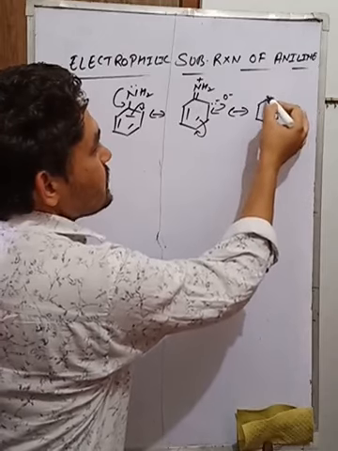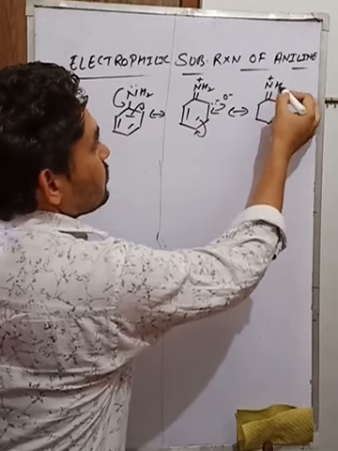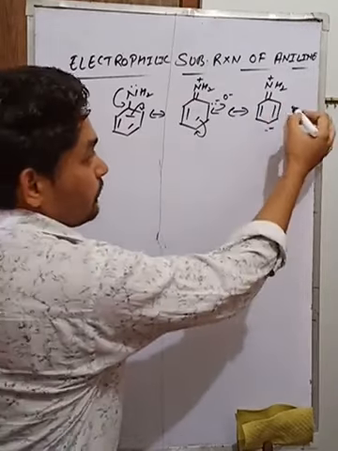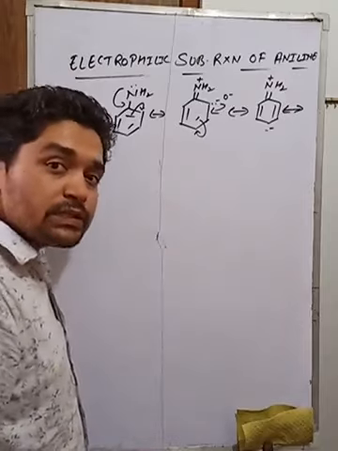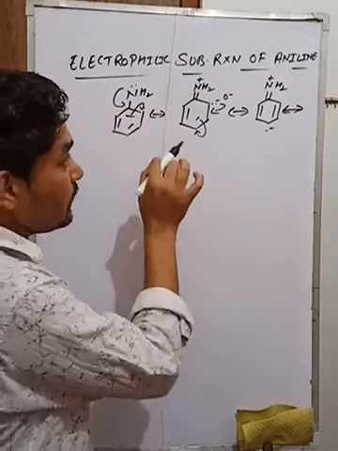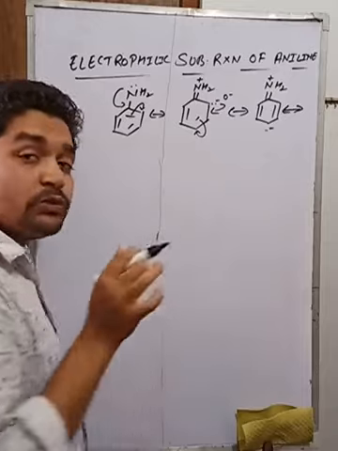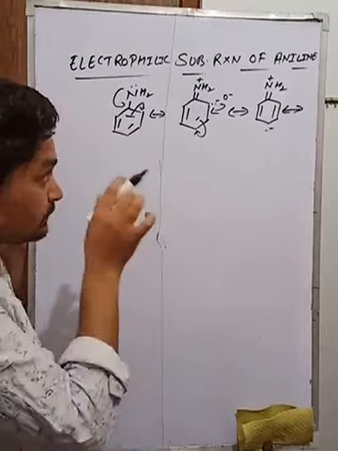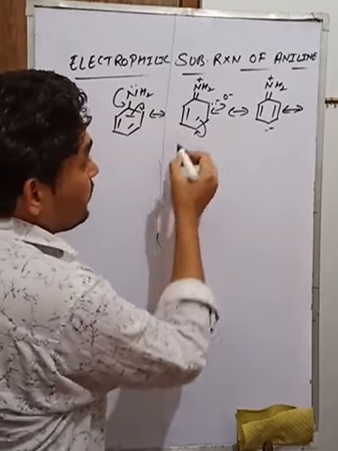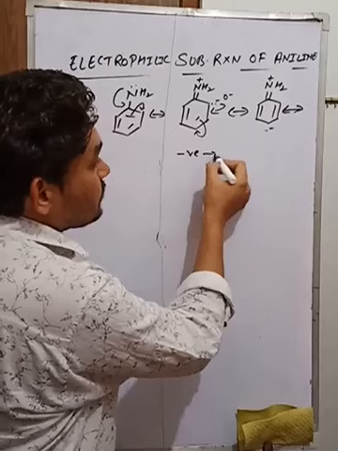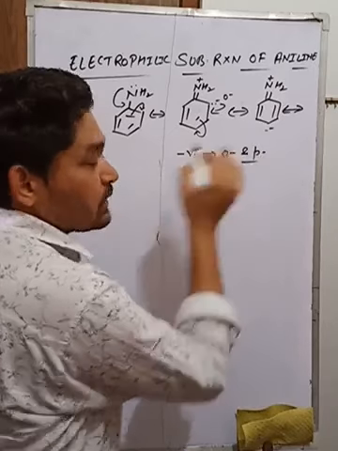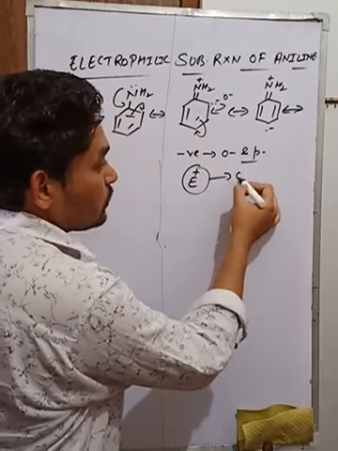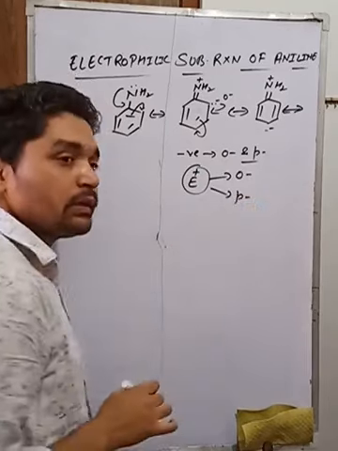There are 5 resonating structures of aniline, in which aniline acquires negative charge on the ortho and para positions. It means the electrophile attacks the ortho and para positions.